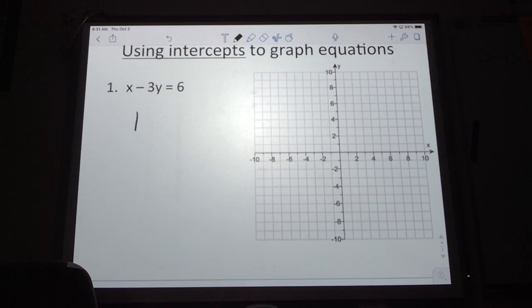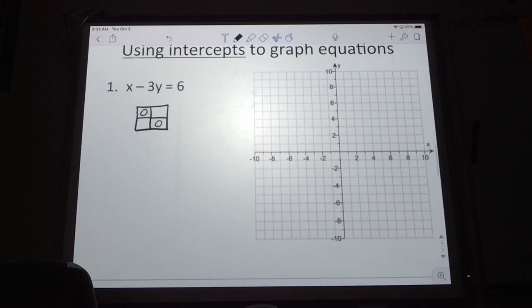I want you to create a box like this. Okay? And this is what a lot of times people just start referring to as the 0, 0 table or the diagonal zeros. Okay? So the intercepts, whenever it says intercepts, you write that down. Okay? Anytime that you see intercepts. This will give you the exact same line as y equals mx plus b, but because it asks you to use the intercepts, those are the dots we need to put on the graph.